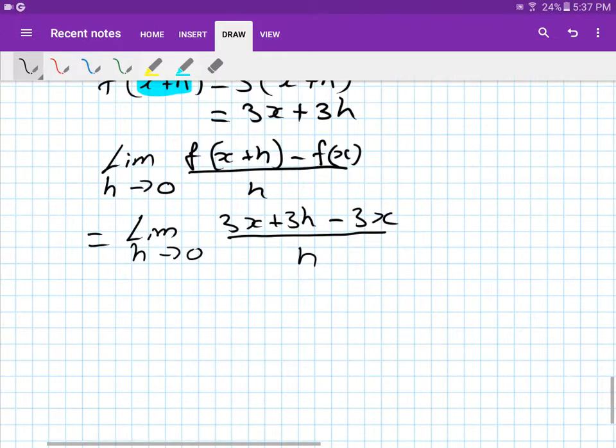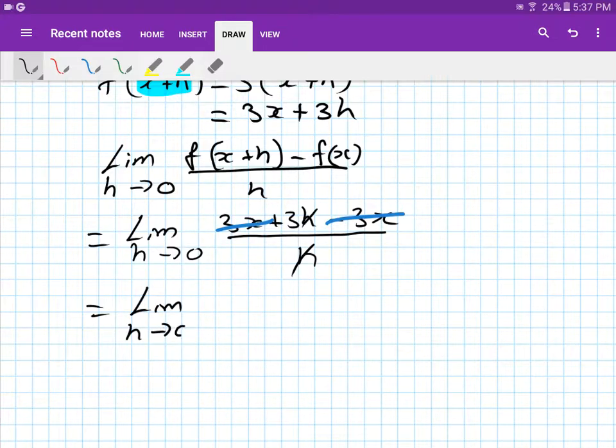Then the 3x cancels out, and you're left with 3h over h, which is the same as 3. So it's the same as the limit as h approaches 0 of 3. So your answer is 3. Therefore f'(x) is equal to 3. Okay, so you get that.